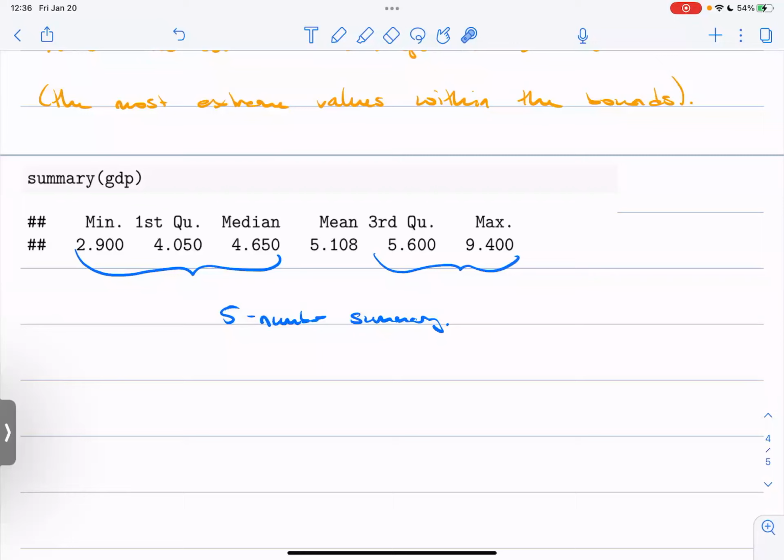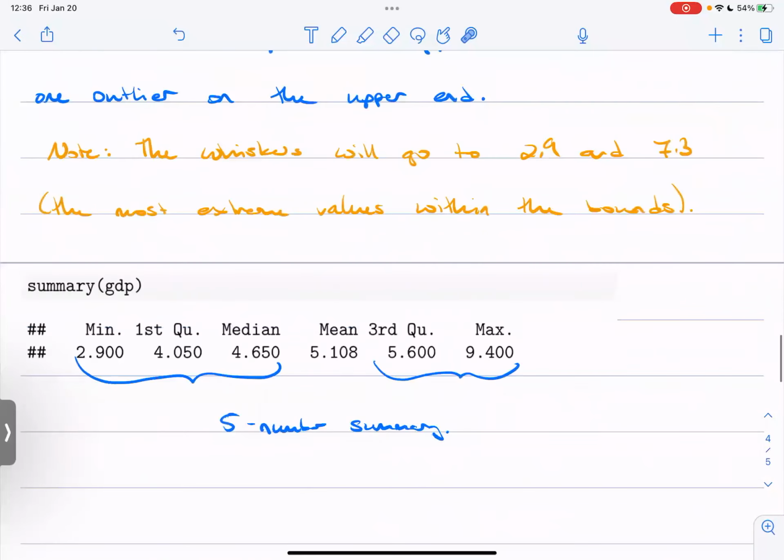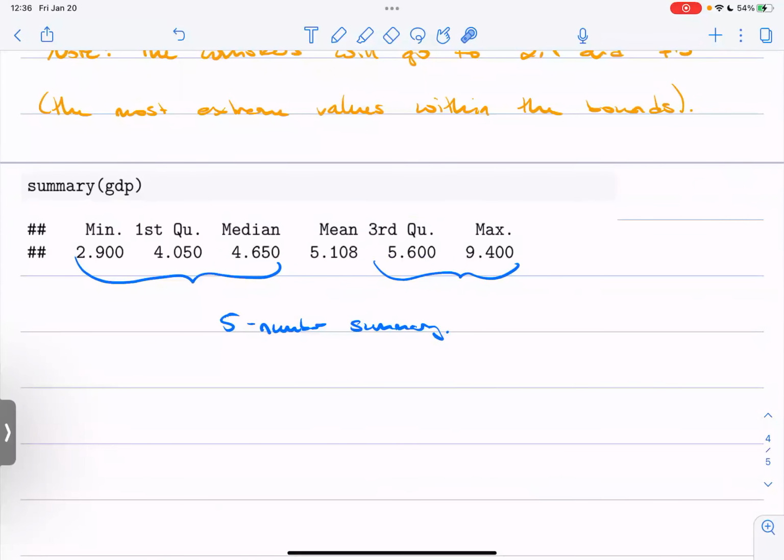But the quartiles, first, second, third, where second is the median, will often be a little bit different. Nothing crazy. I think our first quartile was 4.0, and here it's 4.05. So you can convince yourself that you're on the right track. But as soon as you're dealing with a real data set, you'd use the summary command. Of course, the way you interpret the quartiles and things like that stays the same. Okay.